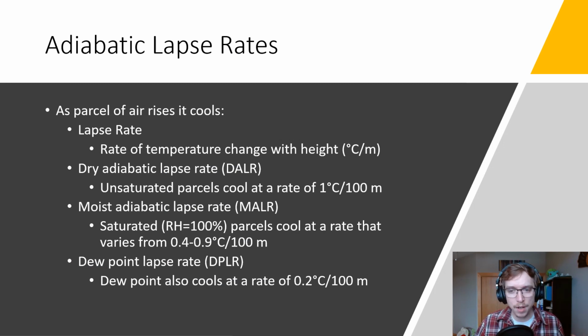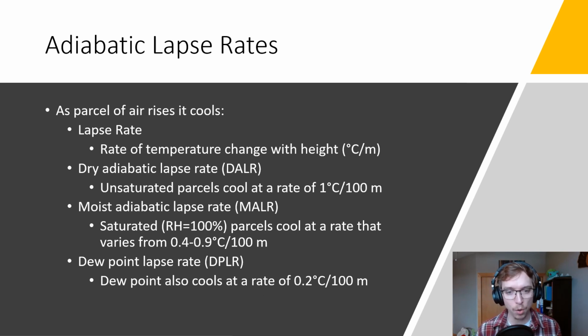So just as a recap, this is important. You've got your lapse rate. As parcels of air rise, they cool at a lapse rate, the rate of temperature change with height. That's all a lapse rate is. The dry adiabatic lapse rate is for unsaturated parcels that cool at a rate of 1 degree Celsius for every 100 meters.